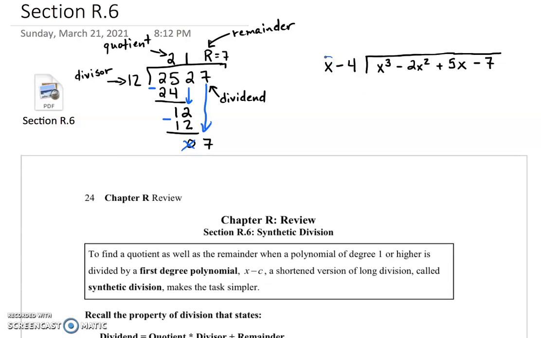I look first at the x and the x cubed. And essentially in my head, I do this. I say, if I take x cubed and divide by x, what does that equal? Well, it equals x squared. So that means I'm going to put an x squared up here.